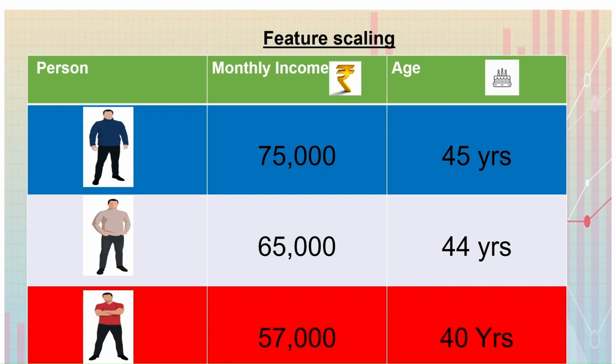The red person makes 67,000 per month and their age is 40 years. Now, which of the two people are most similar? Is the brown person more similar to the red or the blue person? Try to do it. I am giving you 30 seconds.